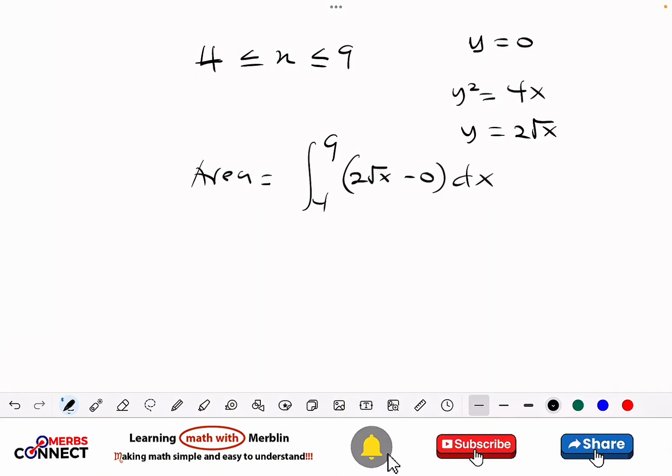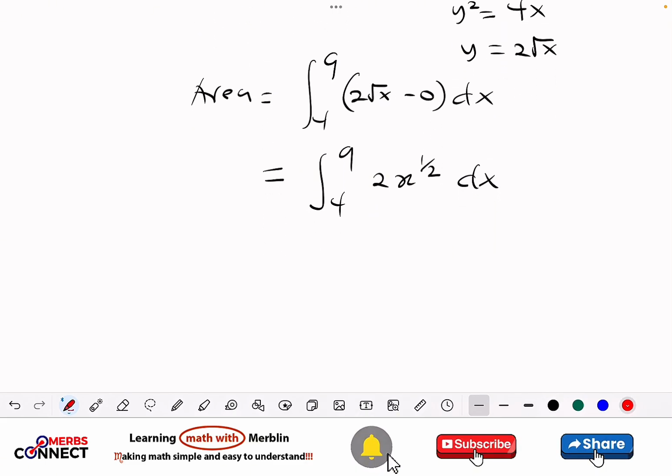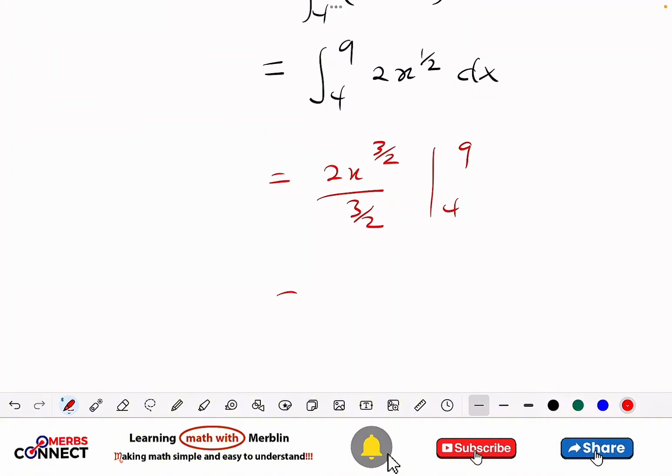So this is going to give us, from 4 to 9, 2x to the power 1 over 2 dx. So guess what I'm going to get from here? I'm going to have x to the power 3 on 2 divided by 3 on 2, from 4 to 9. Reciprocate this, and we are going to have 2 times 2 on 3.